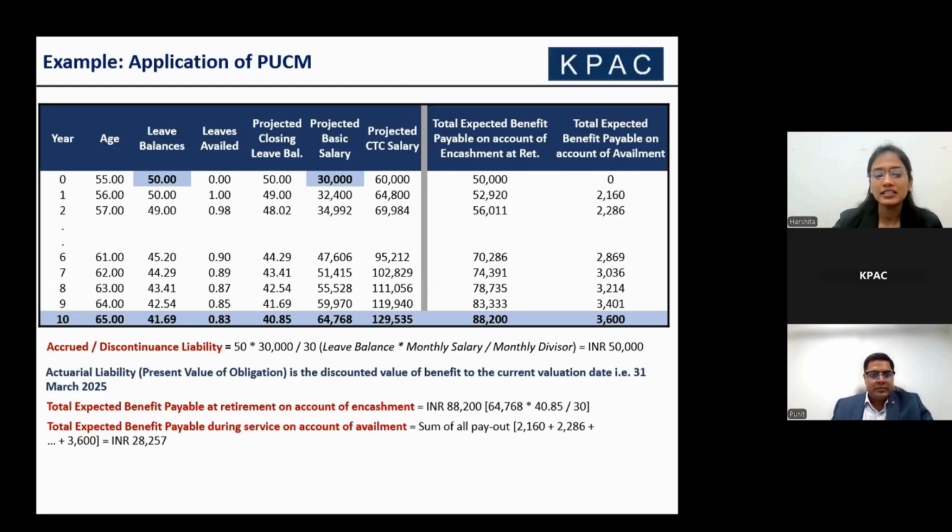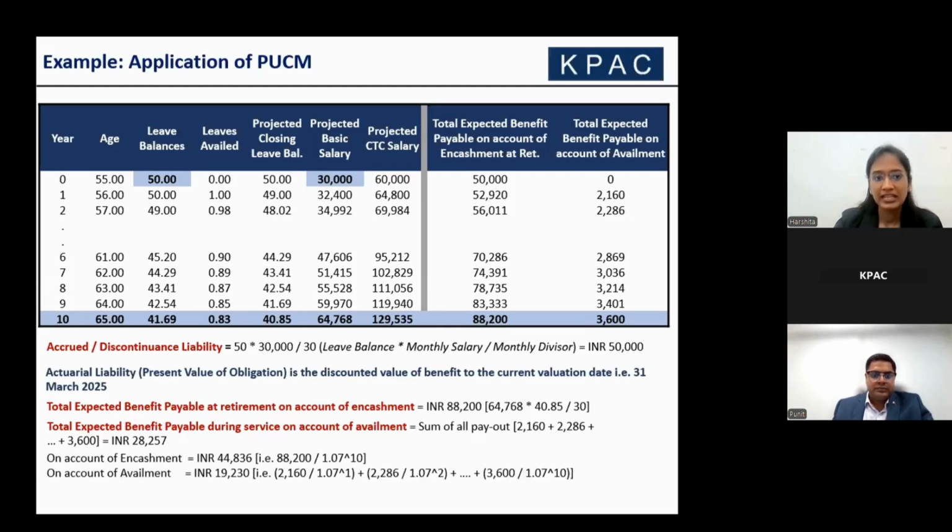Now, because these payments are in the future, we need to bring them back to the current value using a process called discounting. So here, as we can see, 88,000 for future encashment when discounted has a present value of 44,836 today using a discount rate of 7%.